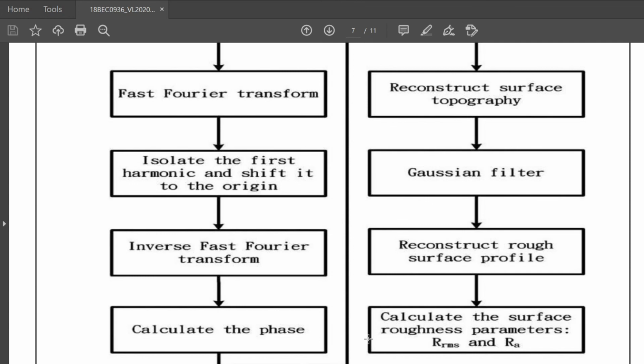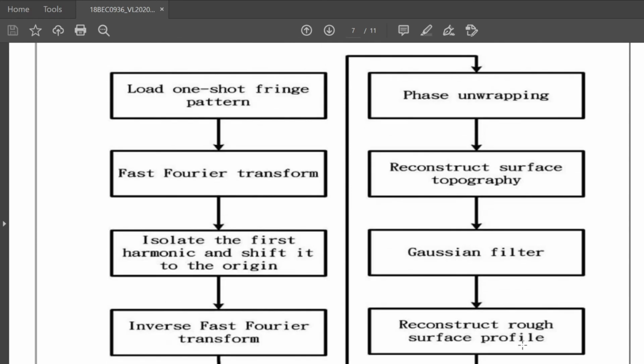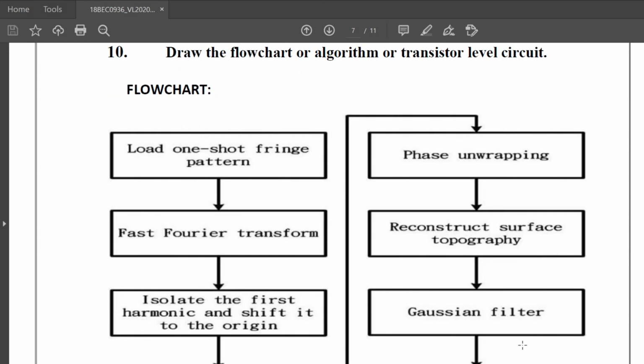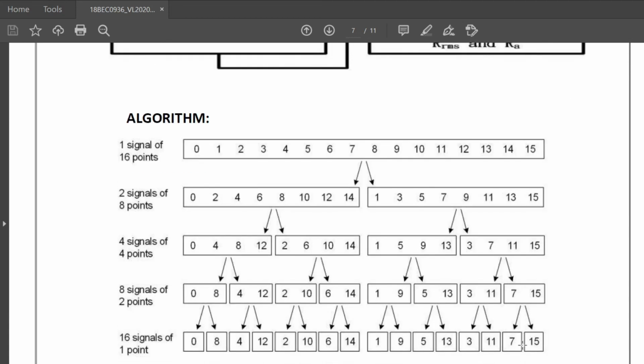And we calculate the roughness parameters with RMS and Ra. This is the complete block diagram or the flow chart. And this is the algorithm. There's a split up here. One signal of 16 points, two signals of 8 points, four signals of 4 points. It's just showing how the signals look.